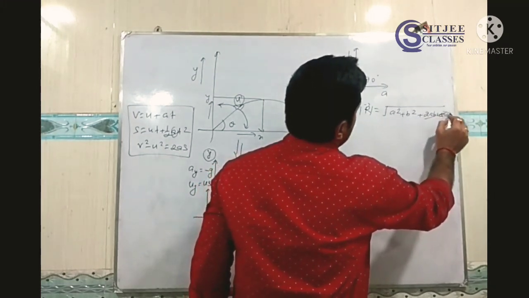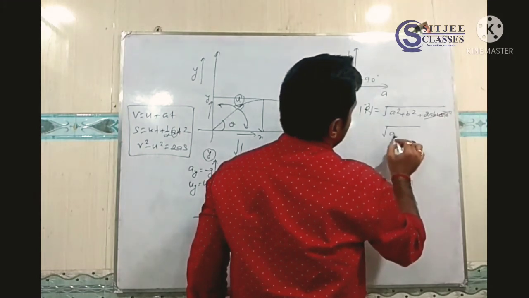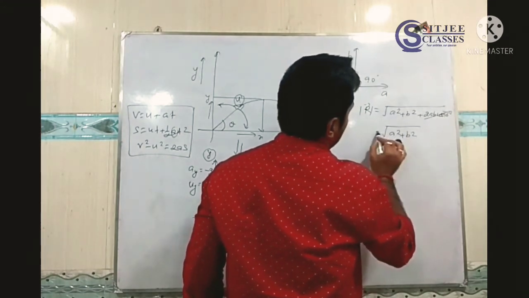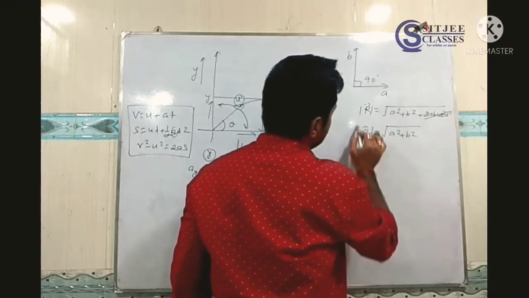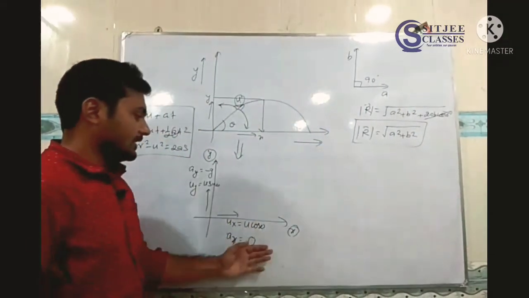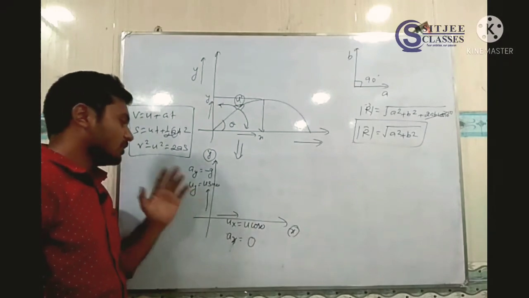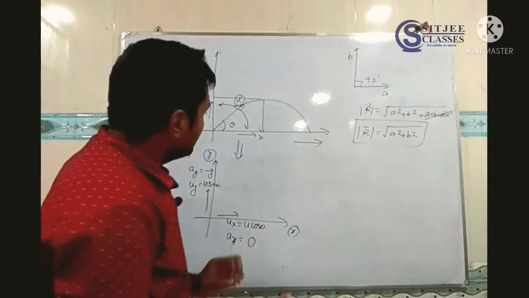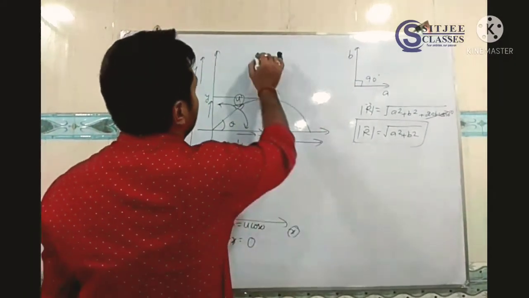And cos 90 is going to be 0. So this is nothing but a square plus b square. Well, so this is the way we are going to combine the results in x direction and y direction.